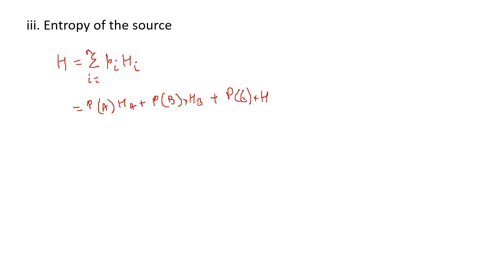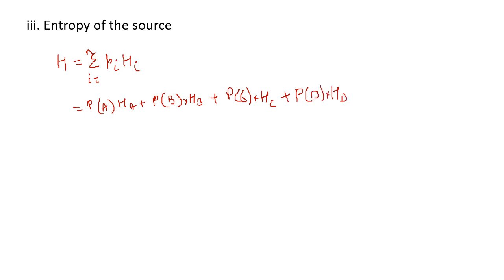Entropy of the source is given by the formula H is equal to summation i is equal to 1 to n Pi into Hi, or we can write this as P of A into Ha plus P of B into Hb plus P of C into Hc plus P of D into Hd.